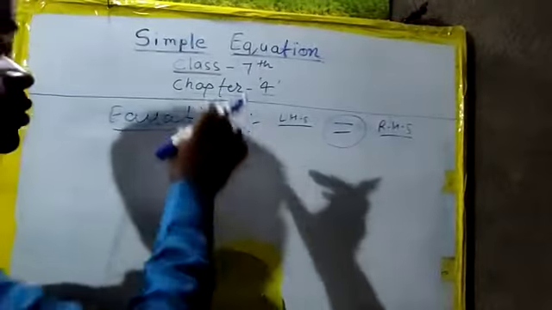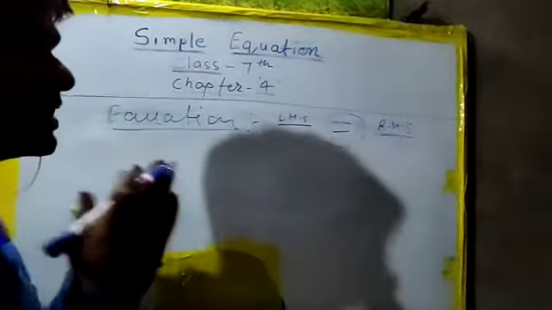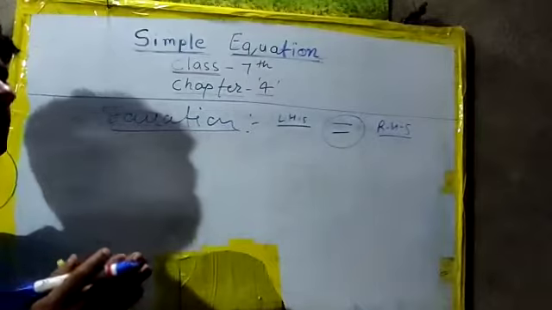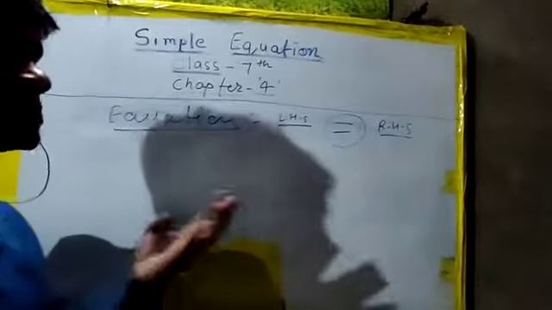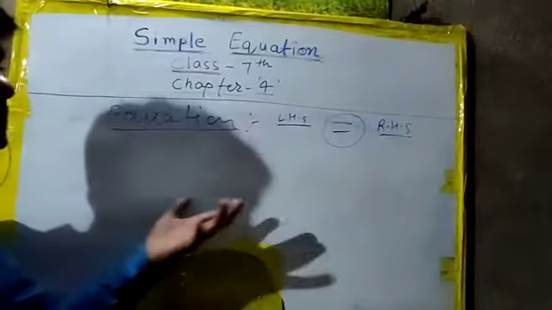You will come to know what we are going to do in this. In an equation we mainly use different things: there is information that we have, and there are two types of things. Suppose I ask you a question: if the cost of a pen is rupees 5, the cost of the pen is given, so it is well known.